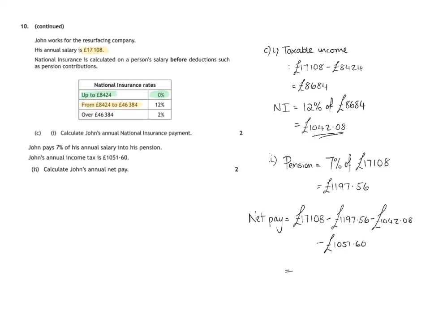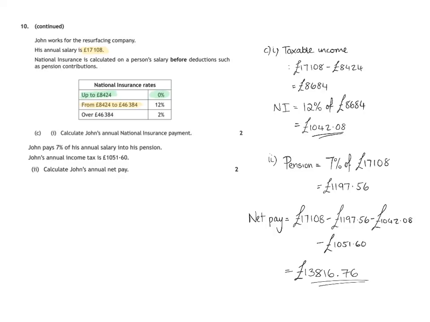So all of those are being subtracted because they're all deductions. And deduction is just another word for take away, or something that is taken away even. So when we do that, we get that his annual net pay is £13,816.76.